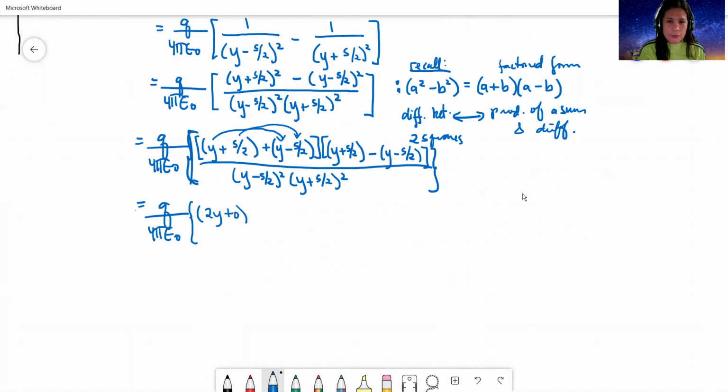On the other side, y minus y becomes 0, and then s over 2 plus s over 2 equals s. So this becomes plus s over (y - s/2)² (y + s/2)².